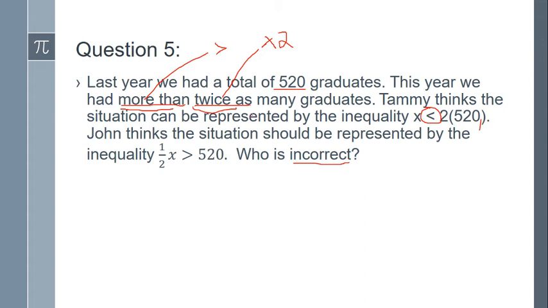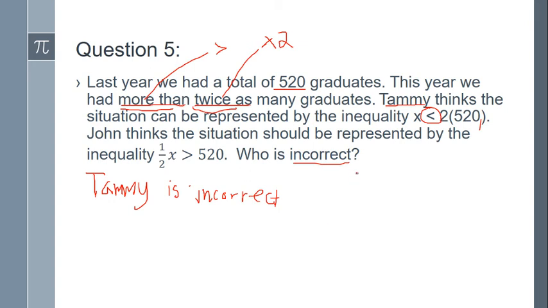So we now know who is incorrect, and in this case it is in fact Tammy. Tammy is incorrect because she has the wrong inequality symbol in her inequality. It should be greater than, not less than.